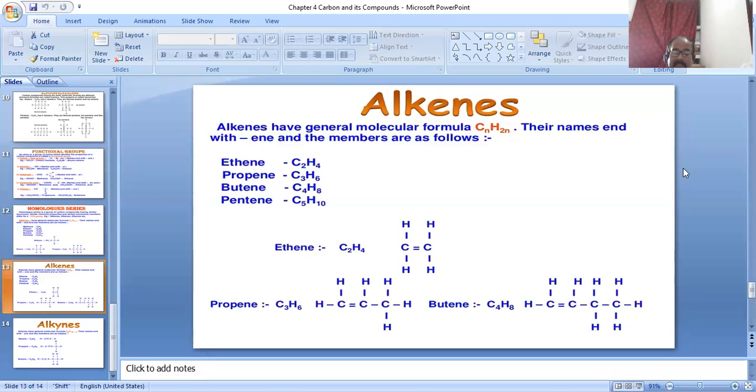And the third reaction is the reaction with alkaline potassium permanganate. When ethene or ethylene is passed through a 1% alkaline solution of potassium permanganate, KMnO4, the purple color disappears.